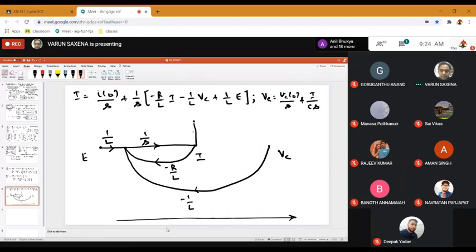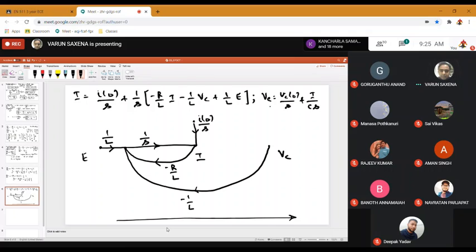So you get something here like this. So this is your I. You can check that I is 1 upon S times 1 upon L times E plus minus R by L times I plus minus 1 upon L times Vc plus I naught by S. So this is what you get as I.